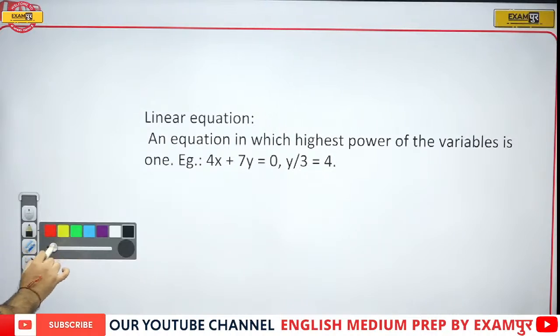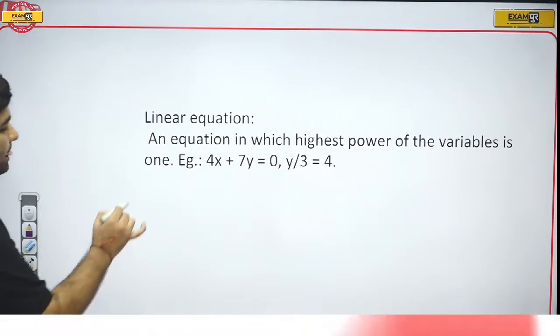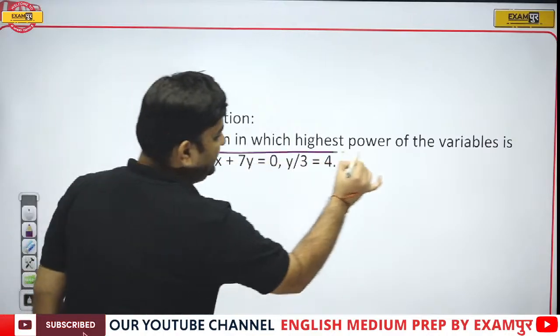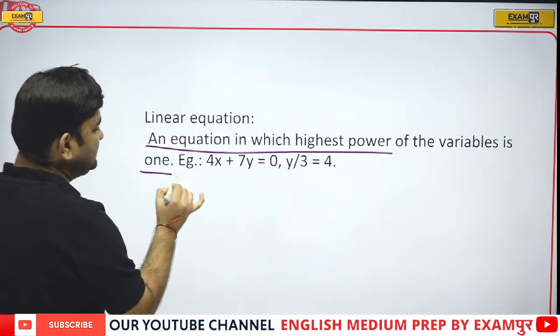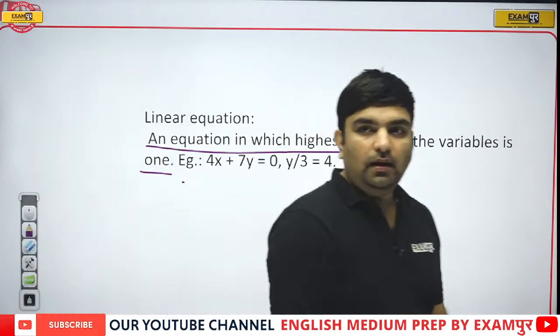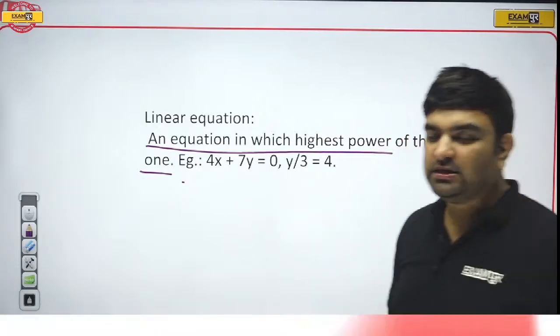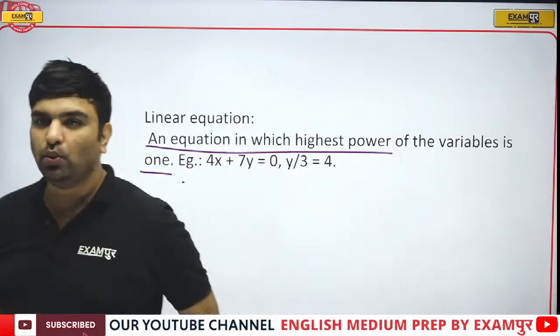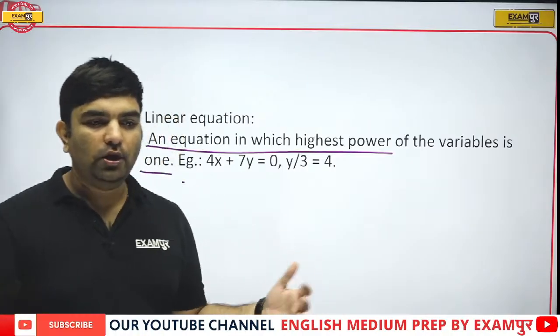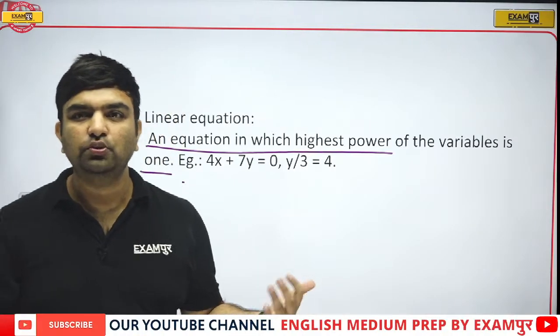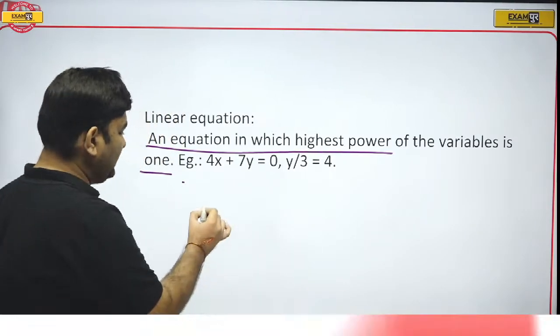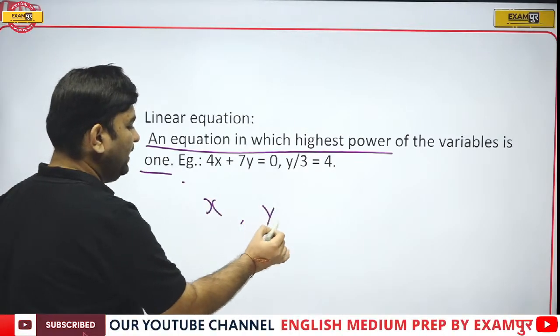So the first thing is, guys, what is a linear equation? An equation in which the highest power of the variable is 1. Variables are those whose values are not known, like x, y, z.